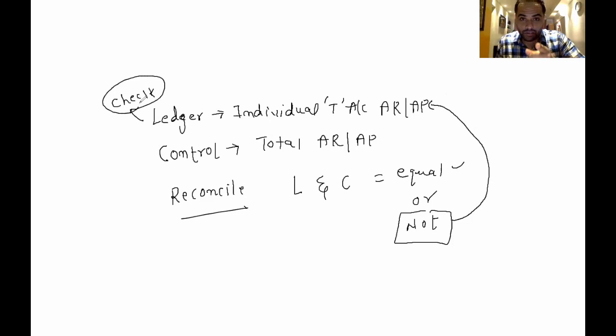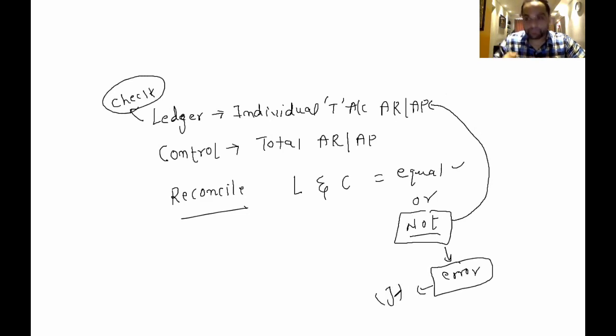Transaction J is an example of this error. Because of the error, the balance is not equal. In transaction J, we were supposed to write 100, but we wrote 30. So the debit side of accounts receivable is undercast by 70. I have to fix this 70 here.